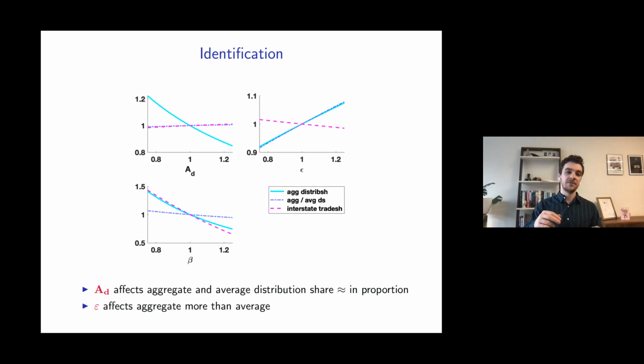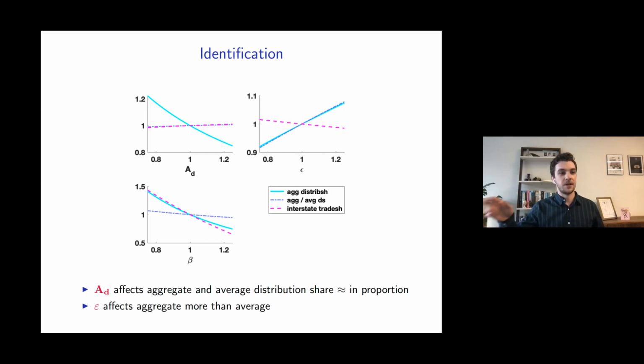If I start on the top left, if I increase AD, making the distribution sector more productive, I get a very big decline in the aggregate distribution share. It lowers the cost of distribution, so firms spend less on it. On the other hand, it's not really changing the ratio of the aggregate to the average all that much. It increases slightly, but it's not benefiting large firms much more than smaller firms, because everyone benefits from lower distribution costs.